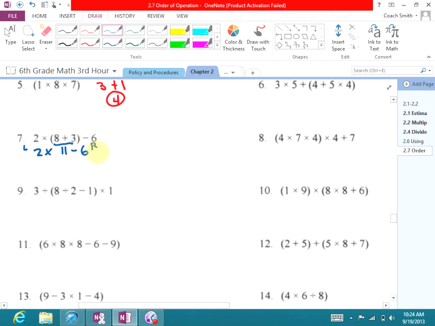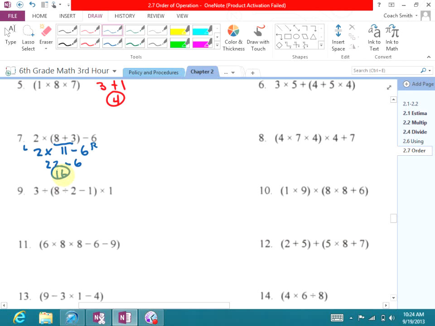What do I do next? Kennedy. 2 times 11. Right. We go 2 times 11, which is 22 minus 6. And then what is 22 minus 6? 16. And that would be your answer.